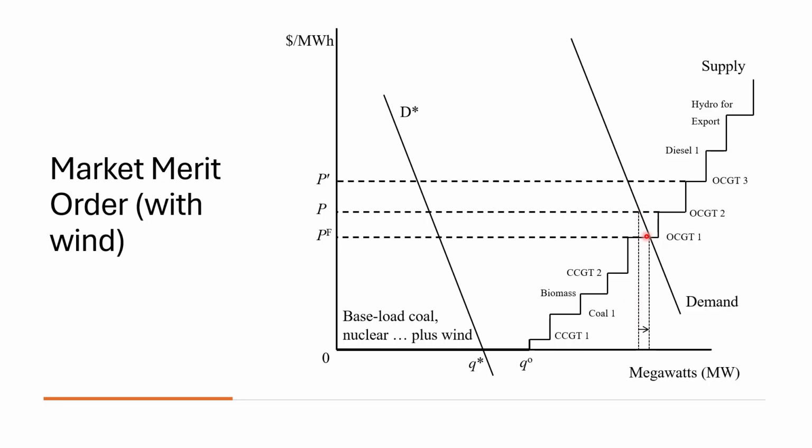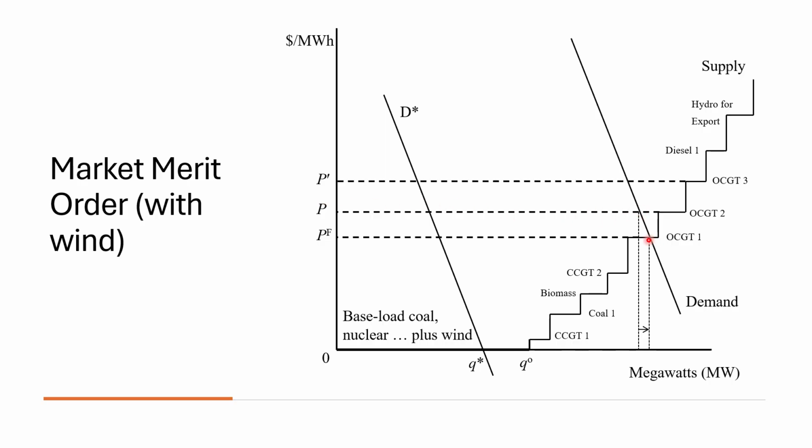In this case, PF would be the price that clears the market. If OCGT2 rather came into play, because OCGT1 could not handle operating at anything but full capacity, then with that price, you would end up here at P, and demand would be less.